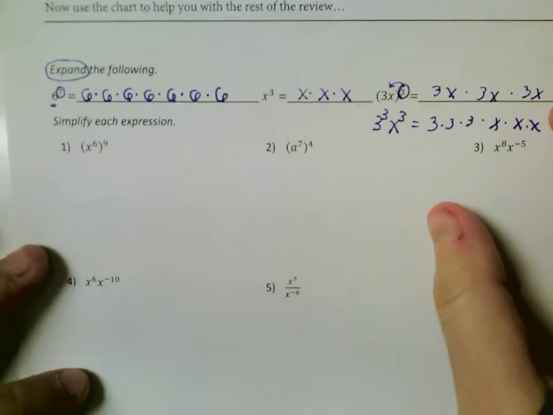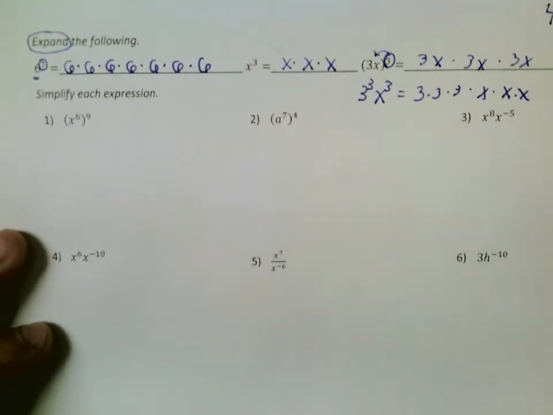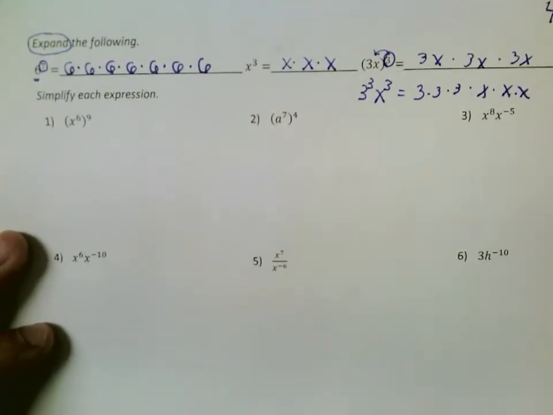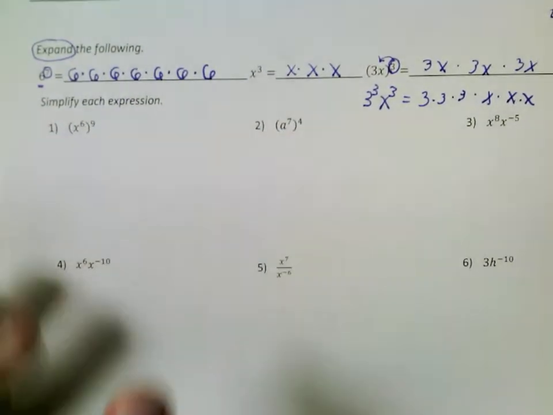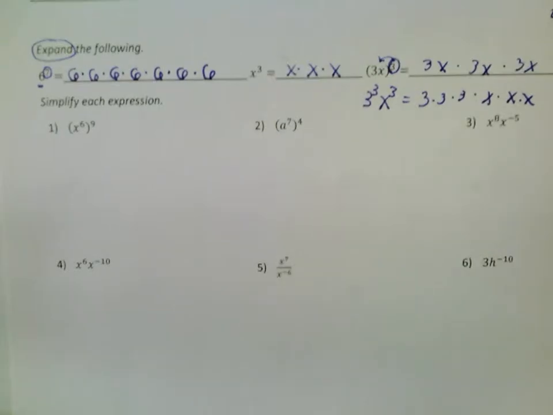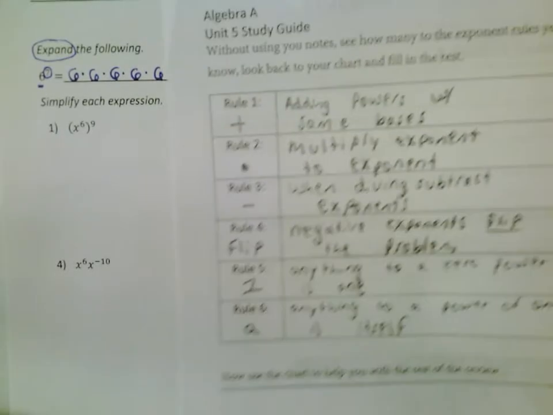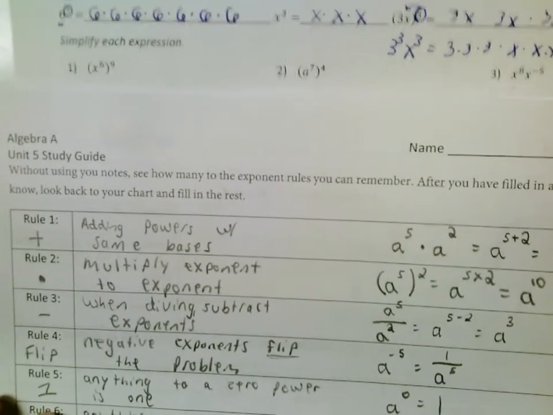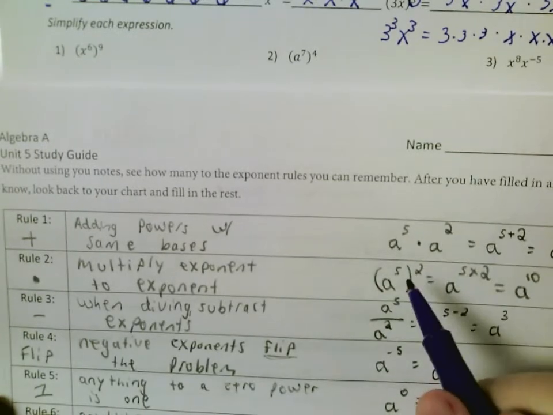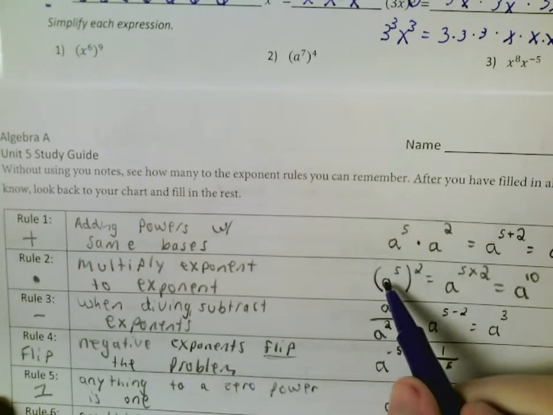Now onward to the big heart of this unit, which is simply practicing problems. So if I take a look at the first one, I refer you back to the chart up above here, if you copied it down. You'll notice that this example is a to the 5th power squared.